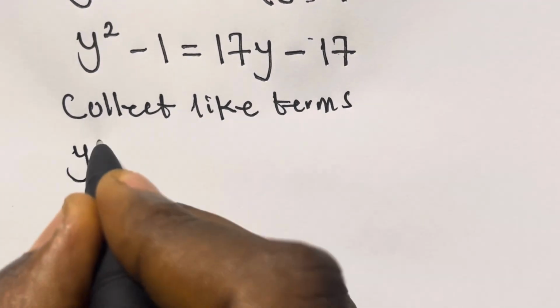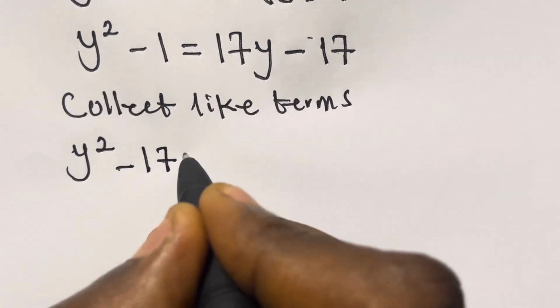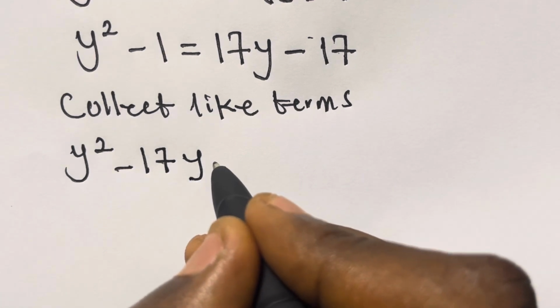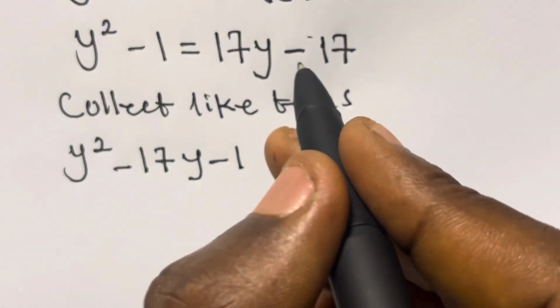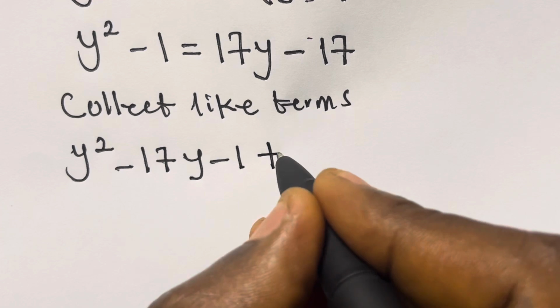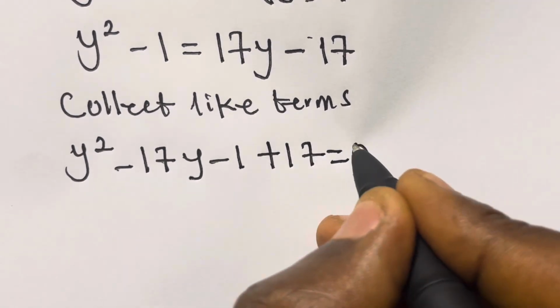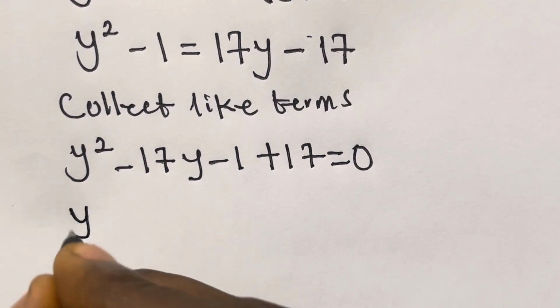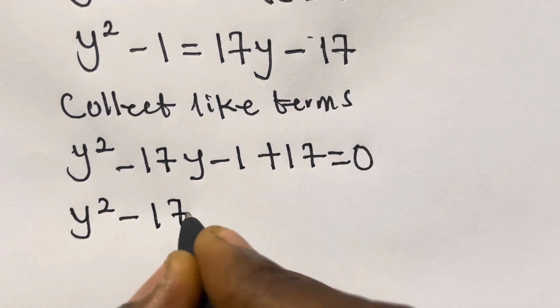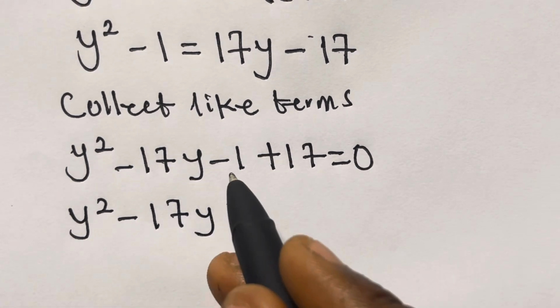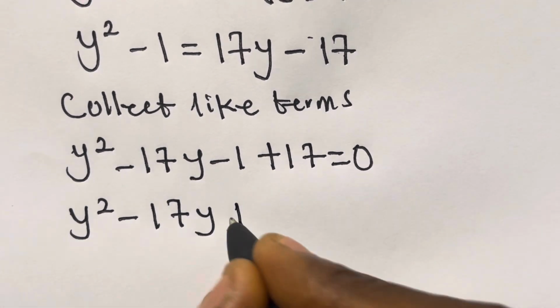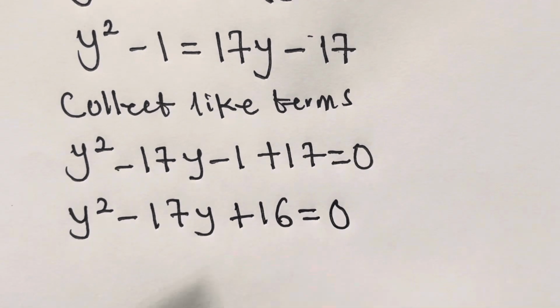So we will have y squared minus 17y minus 1, then we transfer this from here to this side. We have plus 17 equals 0. So we have y squared minus 17y minus 1 plus 17. We have plus 16 equals 0.